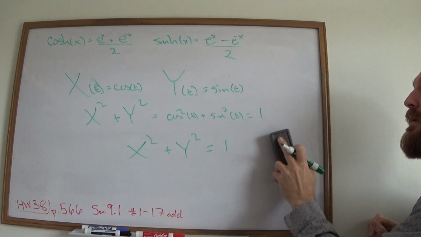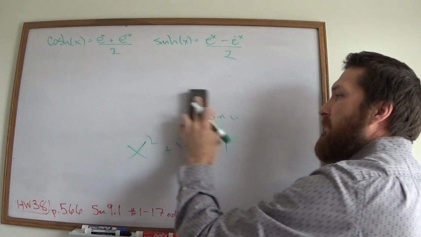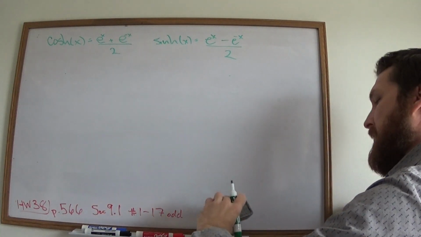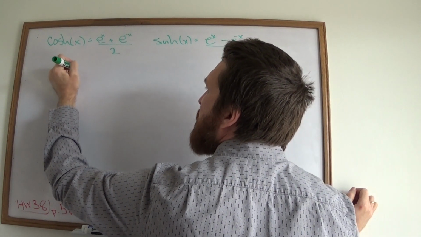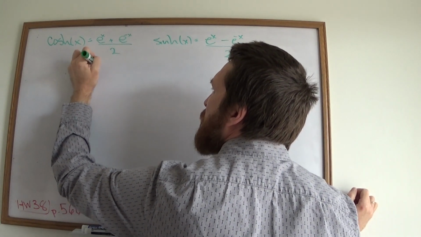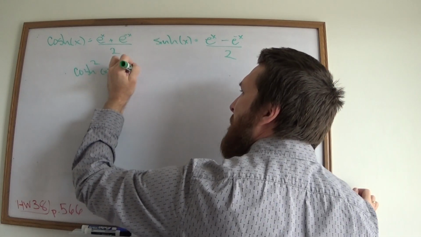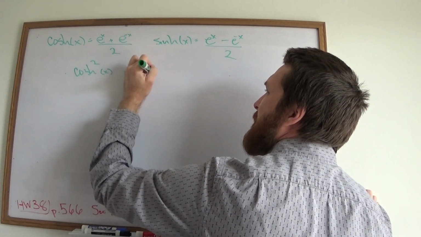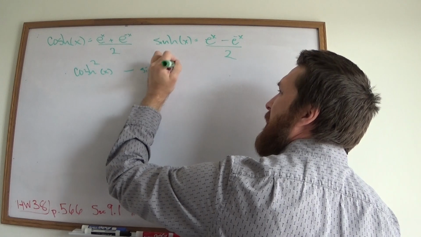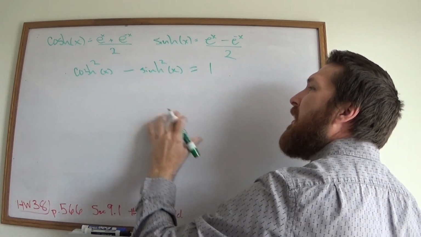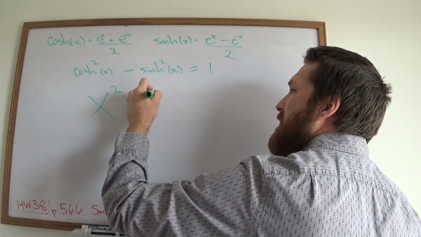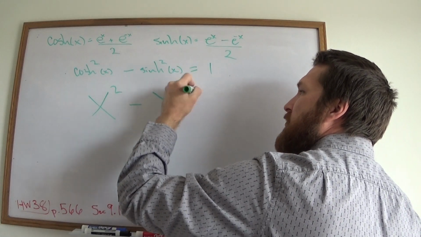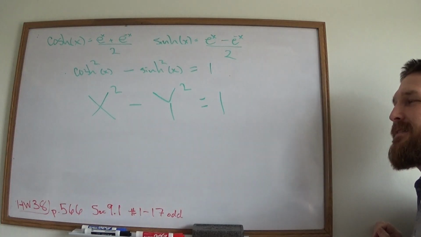Now let's see what happens if we attempt the same thing with cosh and sinh. Here's my claim: cosh squared x minus sinh squared x is equal to 1. And so if cosh were a big x and sinh a big y, what kind of object is this?